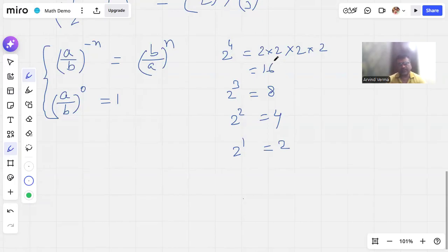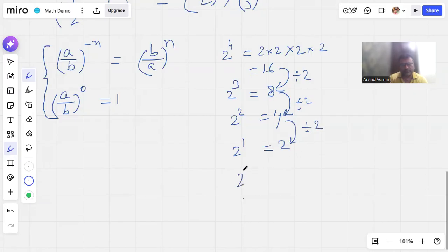And the result is becoming 16 to 8, 8 to 4, 4 to 2. So what is the pattern? 16 to 8 is half, means divide by 2. 8 becoming 4 means again half. 4 becoming 2 means again half.